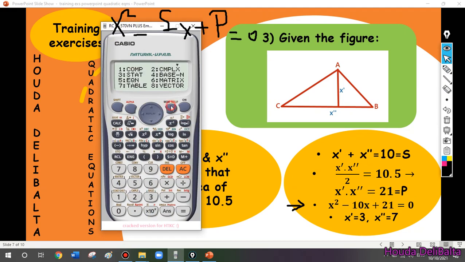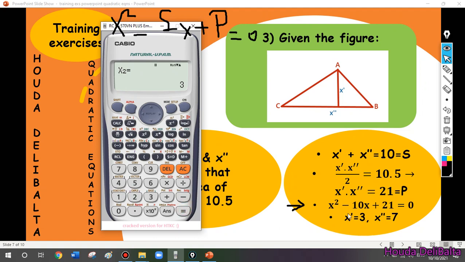I have to press mode 5 3. Now the number multiplied by x squared is a, it's 1 here, equal, b is minus 10, and equal again, c is 21. And finally I'm going to get the roots. One of them is 7 and the other is 3.